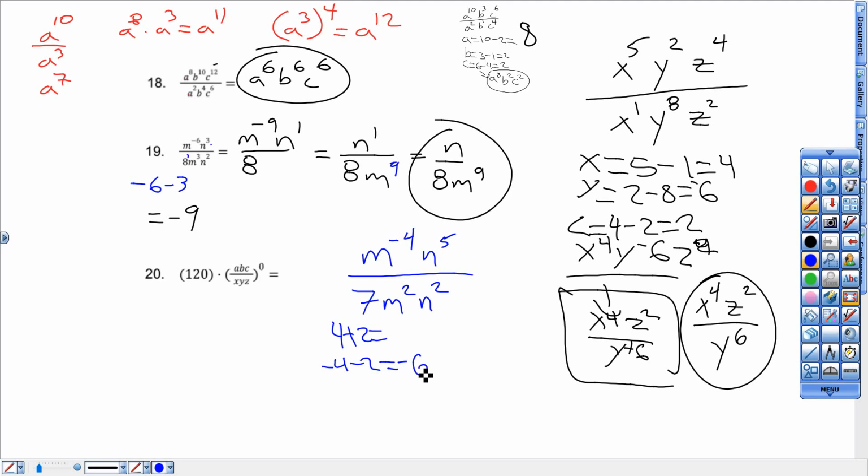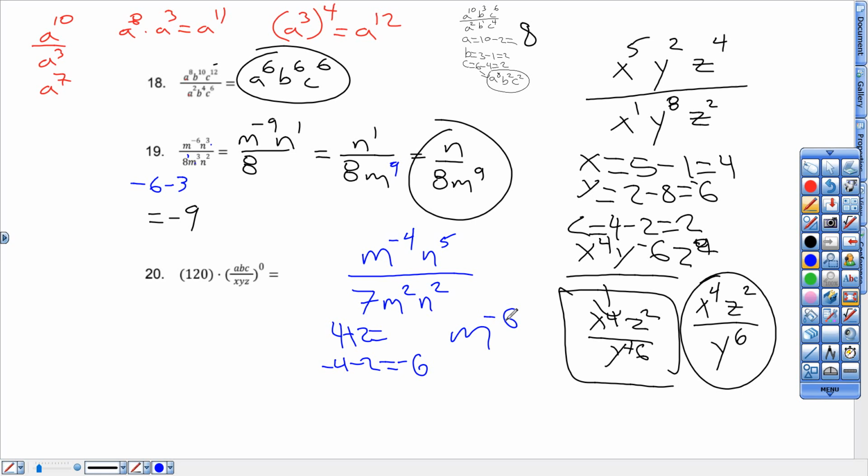Just like -6, take away this 3, gave me -9. -4 minus this 2 gives you an even bigger number, -6. But now do you know what I did? Because that -9 went on the m power. What do you got so far? Oh, so m to the -6, good.